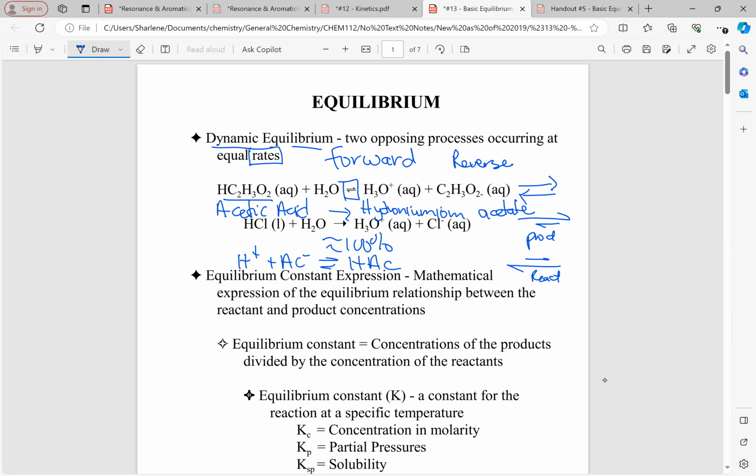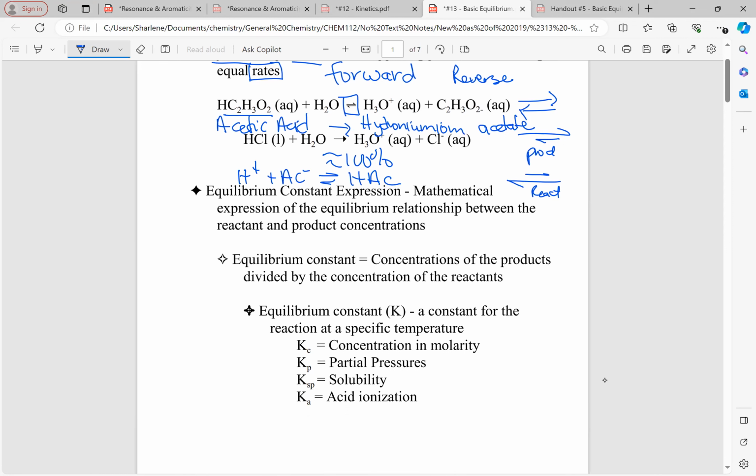Now, equilibrium is dependent on many things, temperature being a huge one, but we need some kind of mathematical equation. Qualitative is great, but we need to quantify it in some way, and that is called the equilibrium constant expression. This is not on your reference sheets because this equation is unique for every reaction that you do.